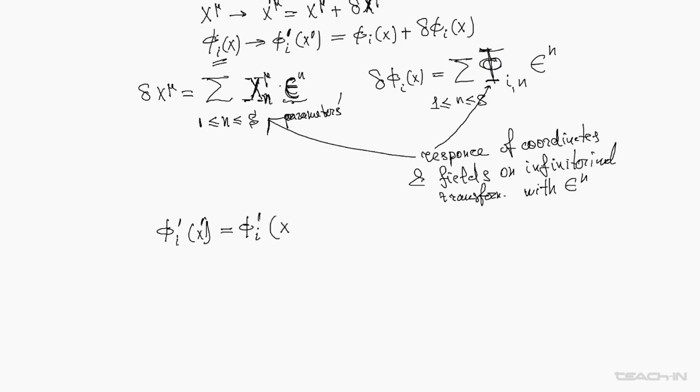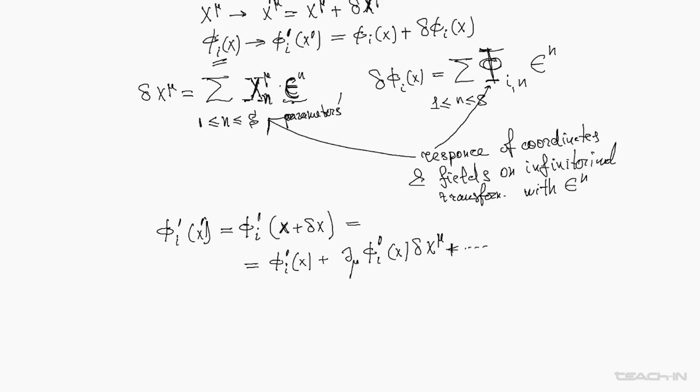Now I can expand this in a Taylor series: phi I prime of x plus the derivative d mu of phi I prime of x times delta x mu, plus higher order terms, which I'm not interested in because I'm considering infinitesimal transformations, so transformations up to first order in epsilon.